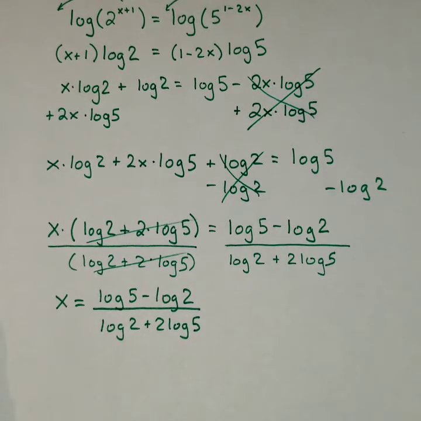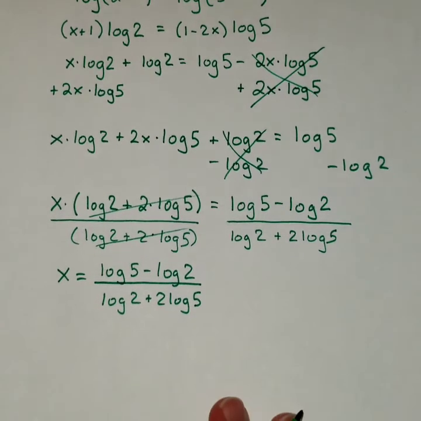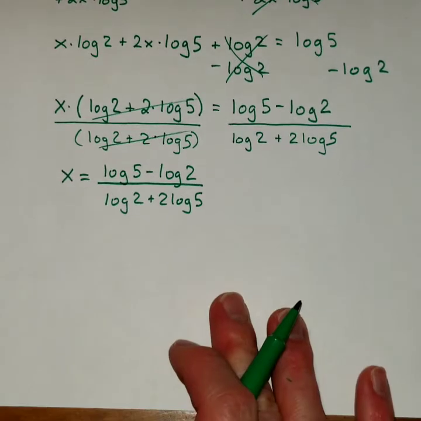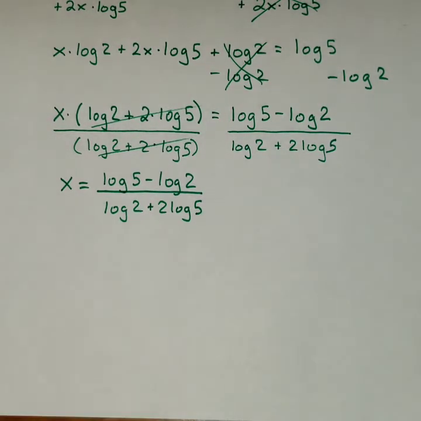That would be a sufficient answer, and I would take that answer even though it looks complicated. There are ways to simplify this using our log properties, and I guess I could do that here just so you can see, but this would be a sufficient answer for me, although my math lab may want something different.